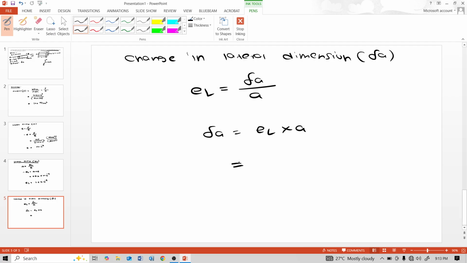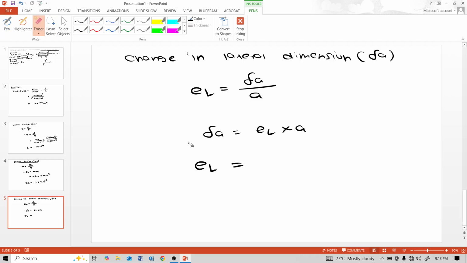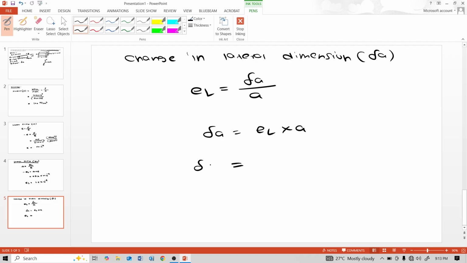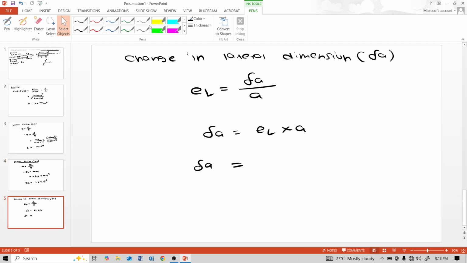With the help of basic mathematical calculation we find change in lateral dimension: delta A is equal to EL, which is 1.5 into 10 raised to minus 4, into A, which is 50.